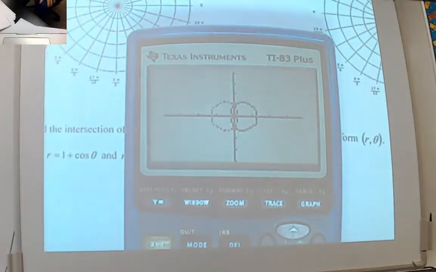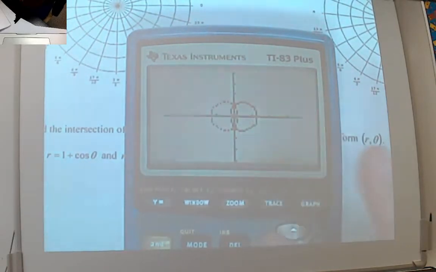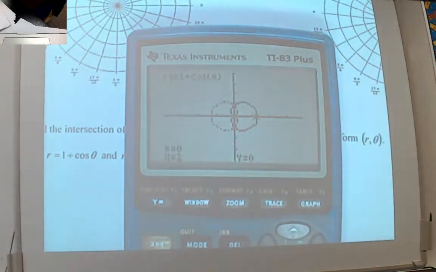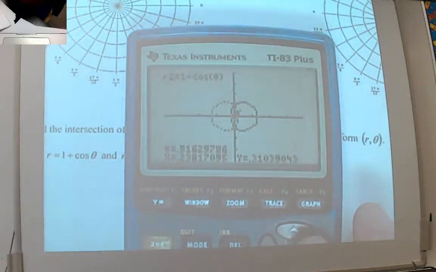So that's what it looks like on a TI. When you trace on a TI, and I don't know as much about TI as I do a Casio, can it give me the ordered pair as I move around? It doesn't give you the slope, does it?